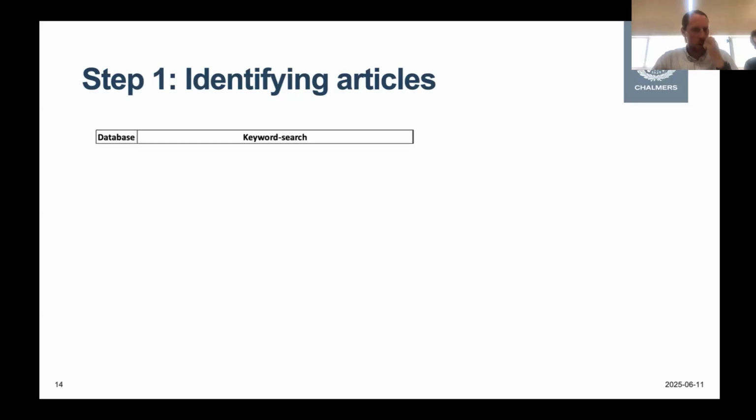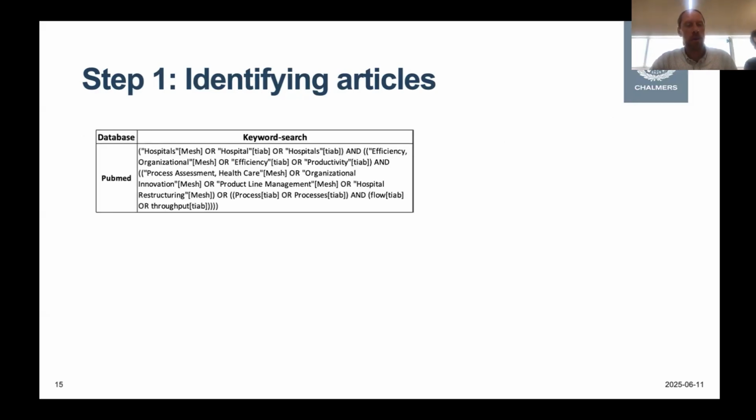So when I did my search, I began with the medical database called PubMed. And in each database, there are differences in how you make a search. So for example, here you add to each word the tag TIAB, which means title and abstract.